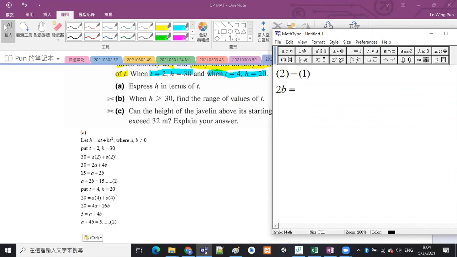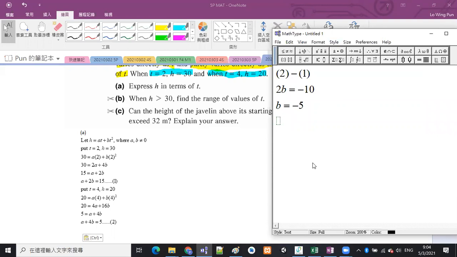And on the right-hand side, we have 5 minus 15, careful. 5 minus 15 should be negative 10 this time, okay? 唔一定係大減細嘅，我哋要睇清楚係邊條式減邊條式，邊條式嘅數字減邊條式嘅數字，邊條式嘅 b term 減邊條式嘅 b term，要跟返我一開始講咗係2式減1式嘅話，咁我哋每一個 term 都係用2式嘅 term 減1式嘅 term。Okay, so b is equal to negative 5.